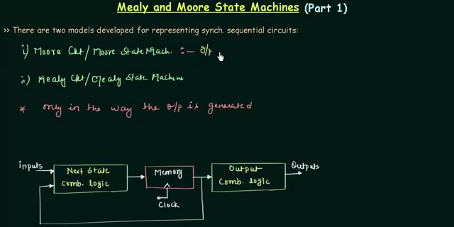The output is the function. I want you to write these points down so that it may help you later. The output is the function of present state only.